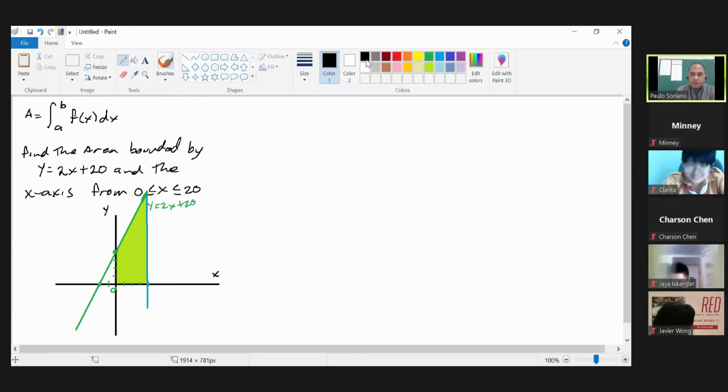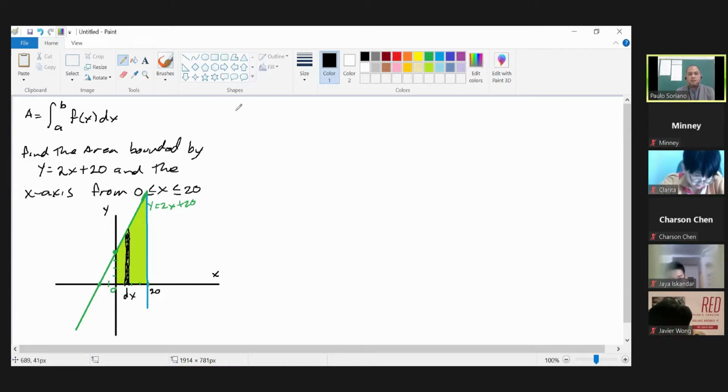That means you are getting a very small portion in x, that is our dx. You're going to slide this from 0 until 20. You get the idea? You're going to move it from 0 to 20 in order for it to cover everything.